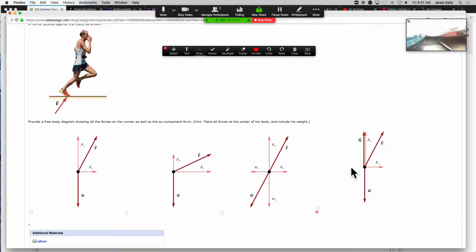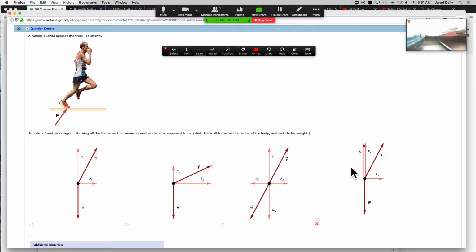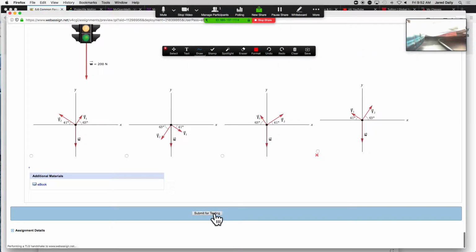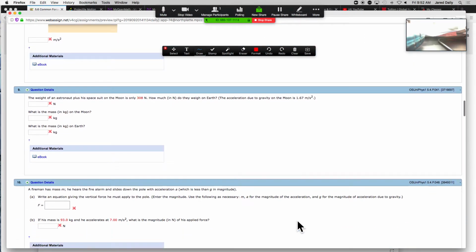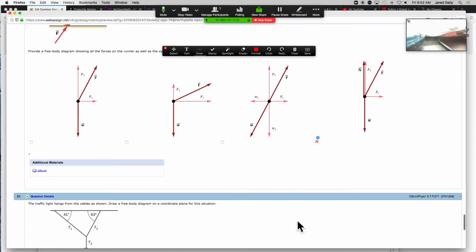Let's say one that features the normal force. Maybe I misunderstand this. Let's see here. I suppose that they're counting this force pushing up as including the normal force.